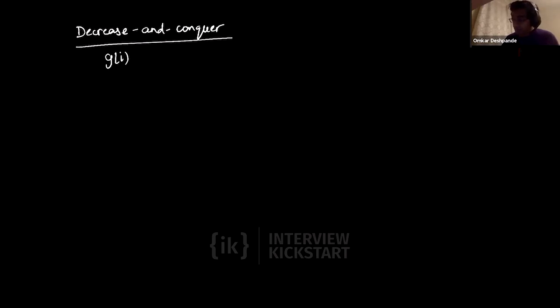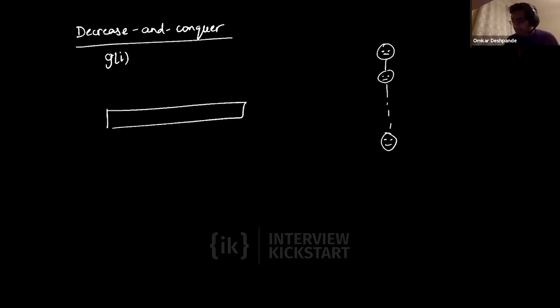Take the overall problem and imagine, using a decrease and conquer approach, a chain of managers under you. An arbitrary manager will receive a prefix of the array up to index I, and we expect them to solve the subproblem.